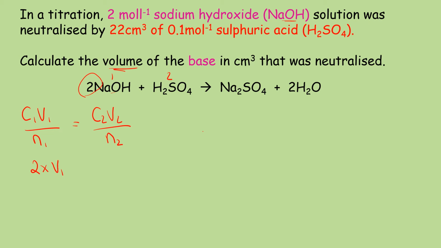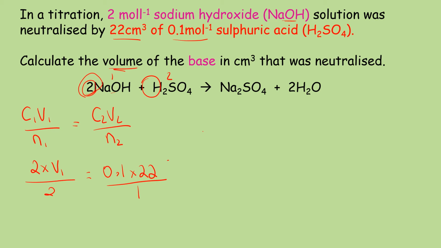So I'm going to keep V1 as it was, divided by the number in front. The number in front in the balanced equation here is the number 2. Chemical number 2 is the sulfuric acid. Its concentration is 0.1. Its volume is 22. The number in front of it in the balanced equation, there isn't one, so it's 1.